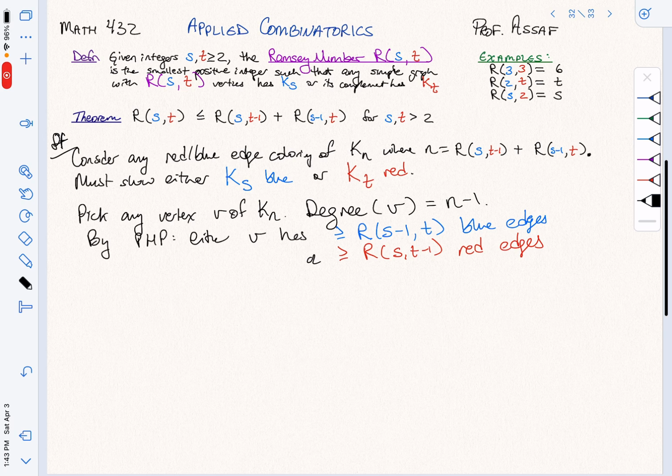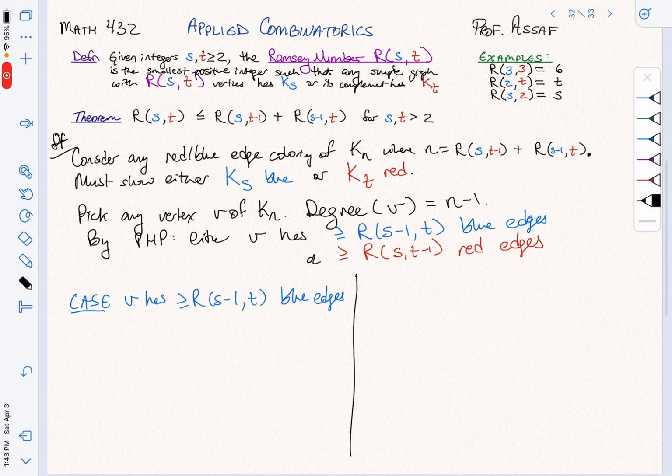So how are we going to do this? We're going to split it into cases. Maybe we'll do the blue case first. So let's do the case where v has at least R(s-1,t) blue edges. We'll save room for the other case. What does this mean?